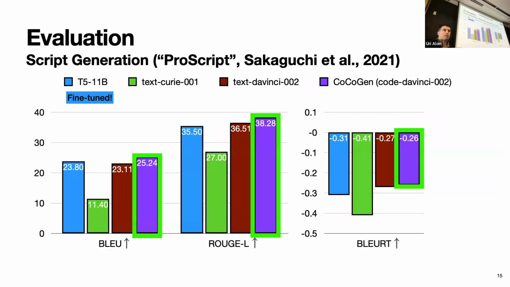Here are similar results on the ProScript dataset, the dataset with putting the pot pies on a plate. Here again, the differences between CoCoGen and the baselines were smaller than before. I believe the reason is that this dataset is a bit more simple.